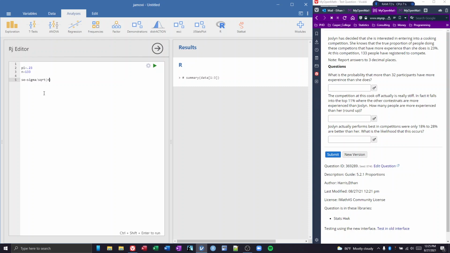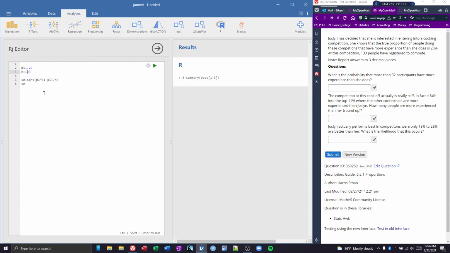That's how we found our standard error. But if we're trying to find the standard error when we are dealing with proportions, it's actually slightly different. This one is the square root of pi times 1 minus pi, divided by n. And that will actually provide us the standard error that we need.